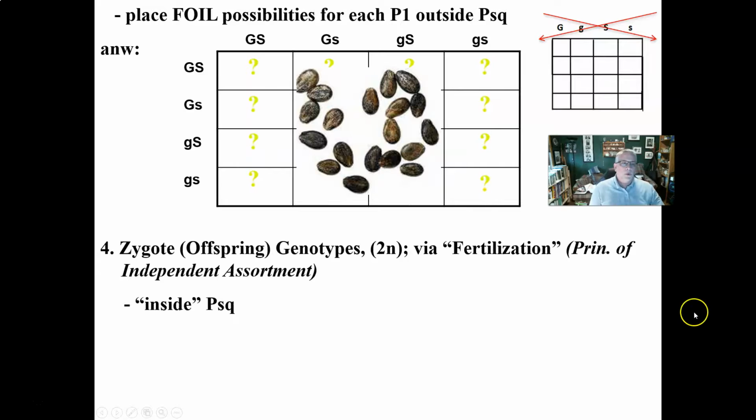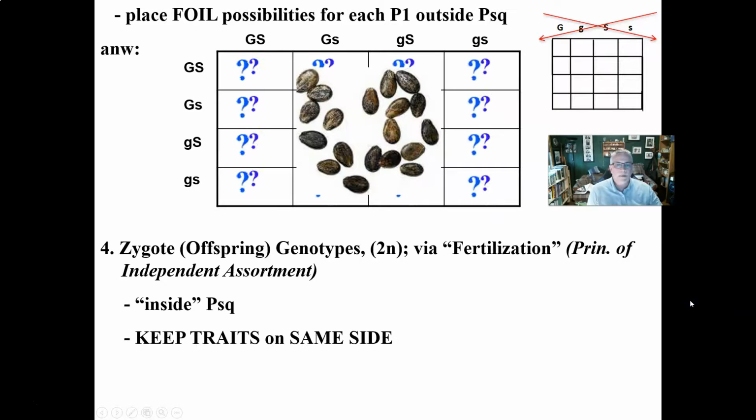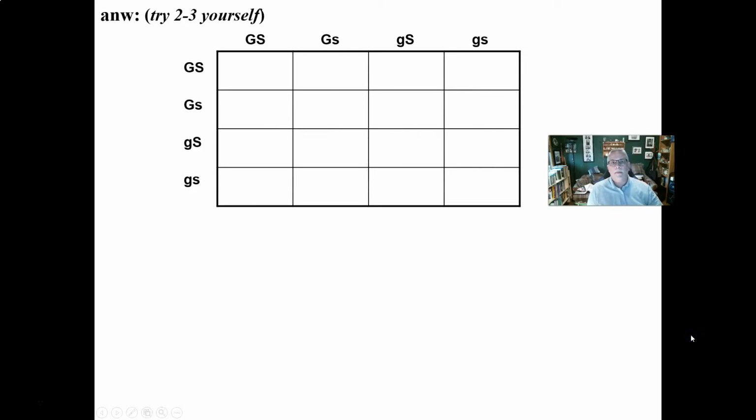All right, so some rules. All the answers go inside the Punnett square. Keep traits on the same side. All right, so one more time, don't hate me. I want you to draw us out one more time like this. And then I want you to take a few minutes. I want you to pause this video, and I want you to choose 2 or 3 combinations.